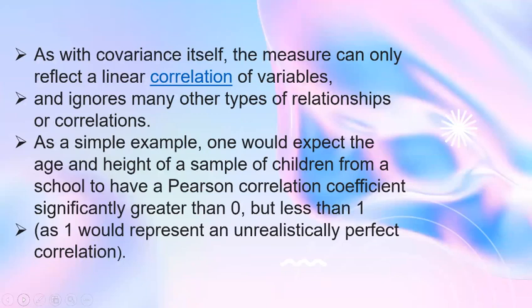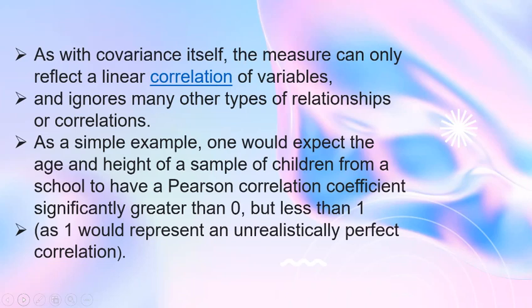As with the covariance itself, the measure can only reflect a linear correlation of variables, as we have discussed, and it would be shown through a scatter plot or through line diagrams, which we would be discussing in the coming section.